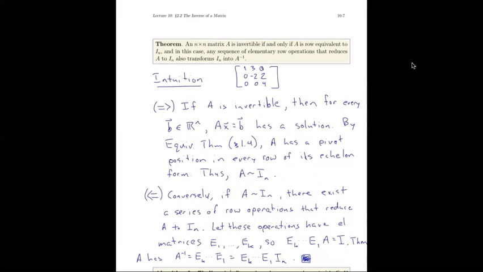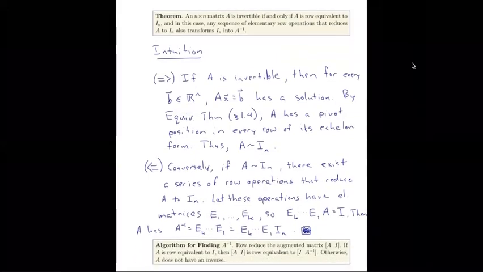We can further reduce this to reduced echelon form, converting this to a 1 and this to a 1 with multiples or elementary matrix products. And then we can zero out above each of these terms in those columns, and we'll have a single main diagonal of 1s, and we'll have zeros everywhere else. And of course, this will be row equivalent to the identity matrix in 3 by 3. Again, that's just the 3 by 3 case, but that'll help develop a little further intuition if you're interested in that. So we've proved the first direction.